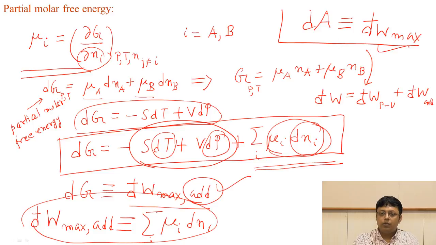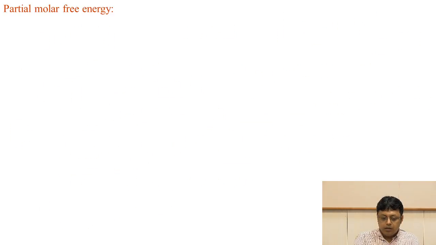When we were discussing the phase diagram or phase transition for a one-component system, which is a pure substance, say for example water or carbon dioxide, there also we talked about the mu versus T curve and so on. That mu was just the chemical potential of a pure substance, and mu with suffix i is the chemical potential of that particular substance. So let us now try to understand this chemical potential.